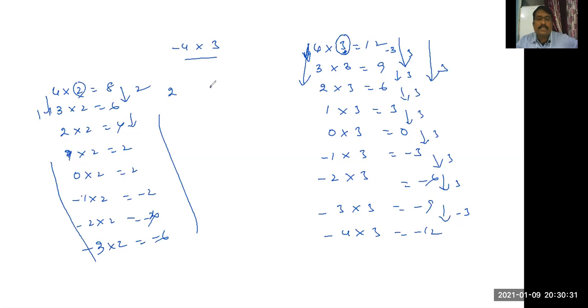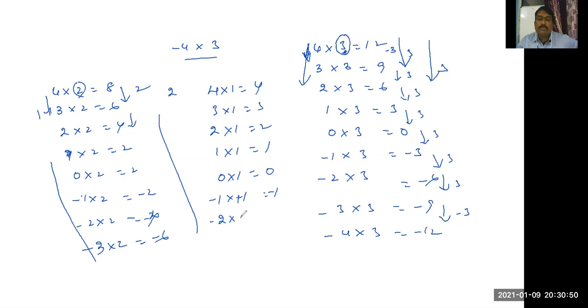When we take 1: 4 into 1 is 4, 3 into 1 is 3, 2 into 1 is 2, 1 into 1 is 1, 0 into 1 is 0, minus 1 into plus 1 is minus 1, minus 2 into plus 1 is minus 2, minus 3 into plus 1 is minus 3, minus 4 into plus 1 is minus 4.